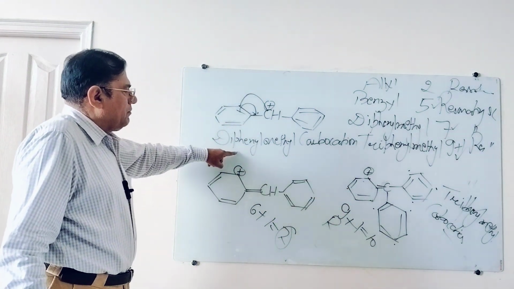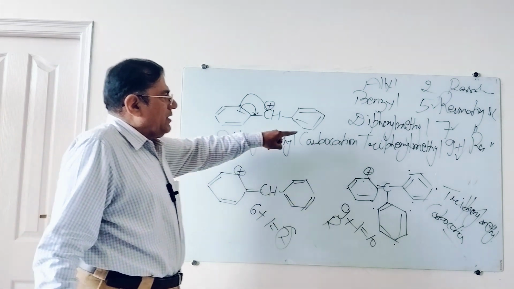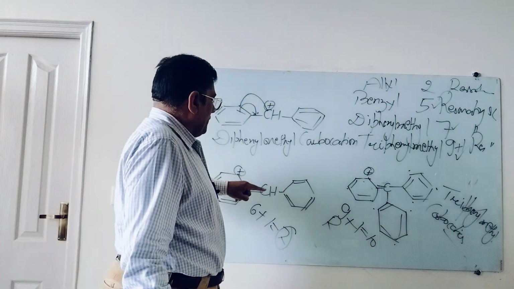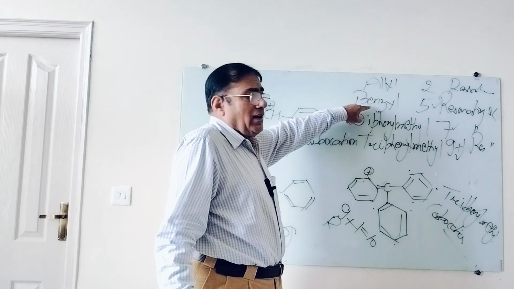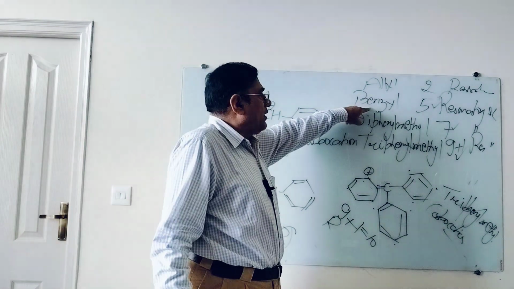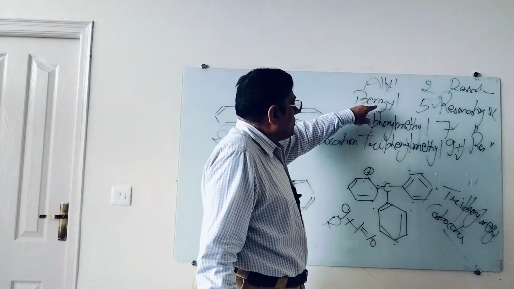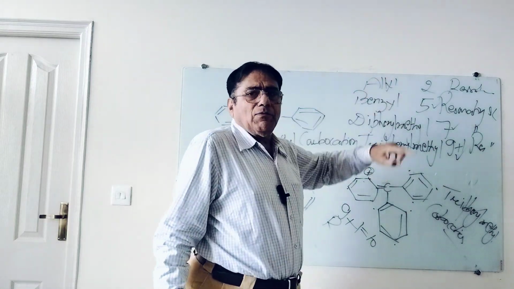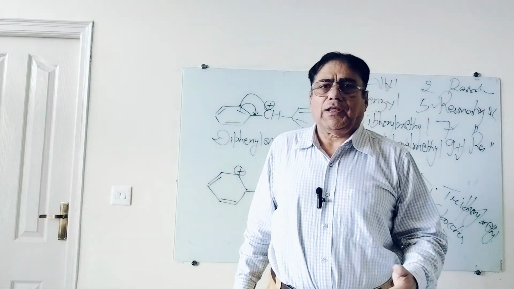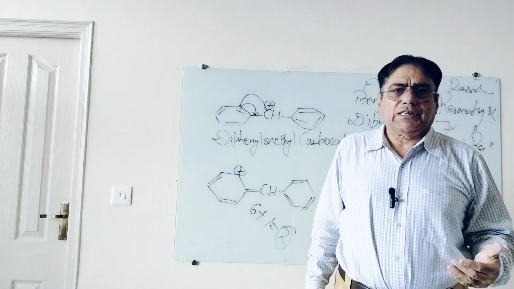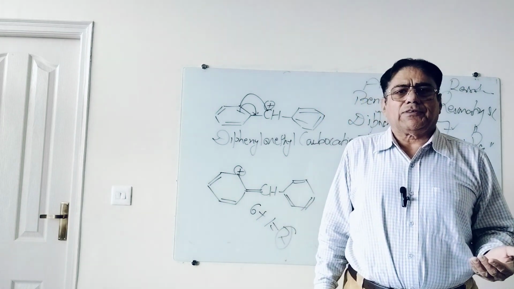Then diphenyl methyl carbocation with 7 resonating structures. Then benzyl, which I took earlier, with 5 resonating structures, and that is more stable than allyl, which has only 2 resonating structures. So as the resonating structures increase, the stability increases.